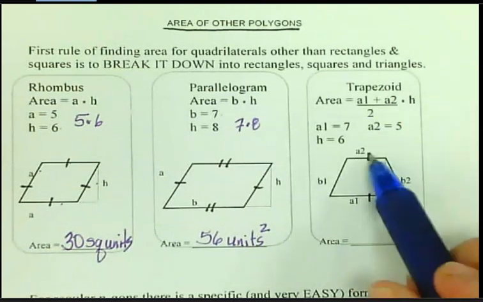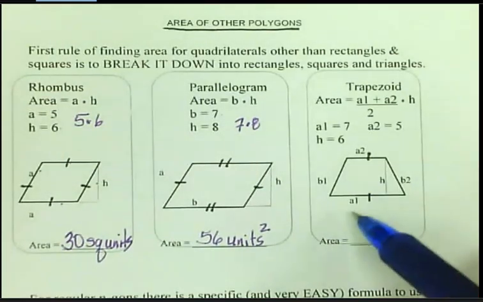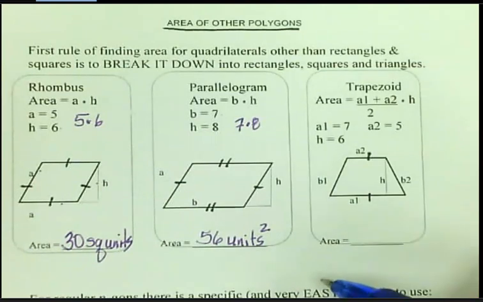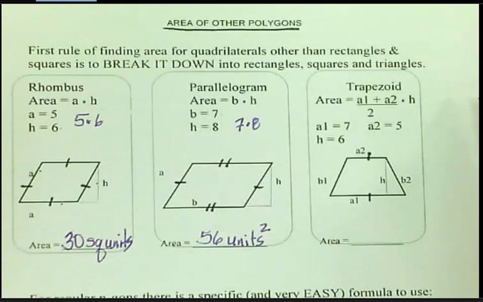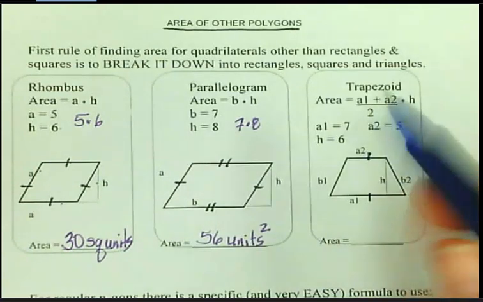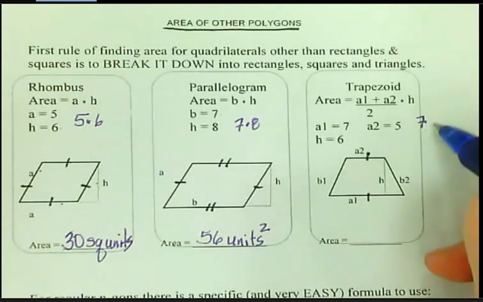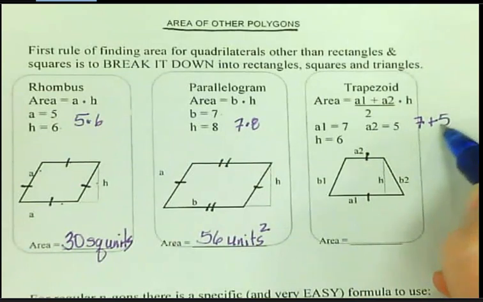So we're calling that A1 and A2. Right? Those are the parallel ones. The B's, they're not parallel. They're going to intersect at some point. So, A1 plus A2, then we divide that by 2, and then multiply it by H. So, A1 is 7, so I've got 7 plus A2 is 5.